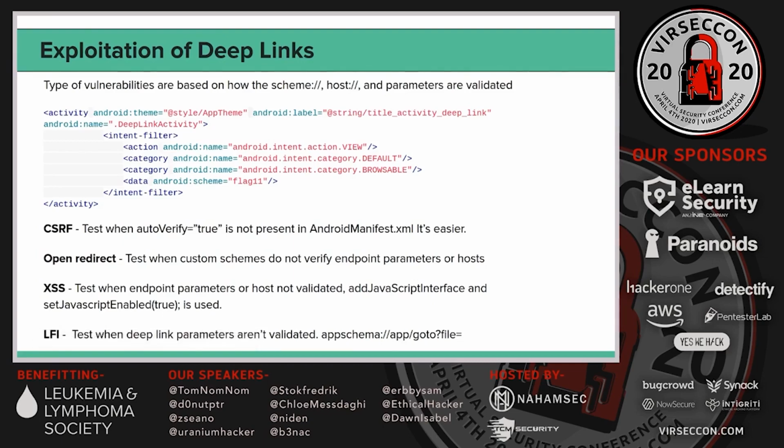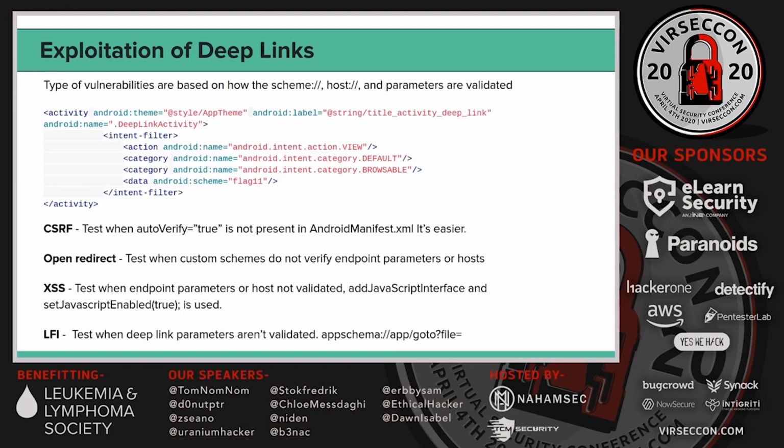So this is how I test for each of these common vulnerabilities. For CSRF, I test when autoVerify doesn't equal true because it doesn't prompt the user. If there's a user prompt at any time, the likelihood of it being successful goes down a lot. Open redirect, I test when custom schemes do not verify endpoint parameters or hosts, because depending on the logic, either of these could be possible.